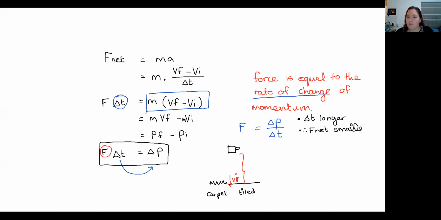What most of you forget to do is say that the change in momentum is the same. So you must look out, this particular mark is a very important one because often, if this is out of 3, this is the mark that many of you forget to state. For you, it's obvious. You're like, well, the change in momentum is the same because it fell from the same height. But unless you state that fact, you're not going to be given the marks for knowing it. So you please need to make sure that you state that fact.